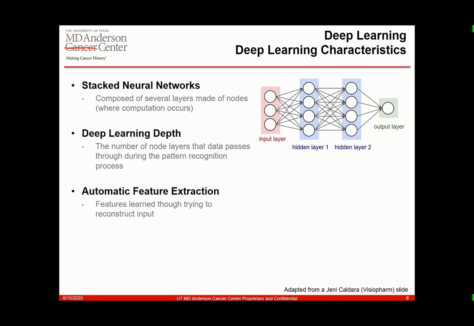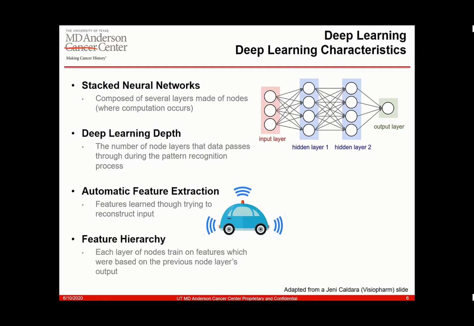Another aspect of deep learning is automatic feature extraction. And one of the best examples of this type of thing is in autonomously driving cars. They're essentially taking features from a visual picture and turning that into a stop sign or a dotted line down the middle of the road.